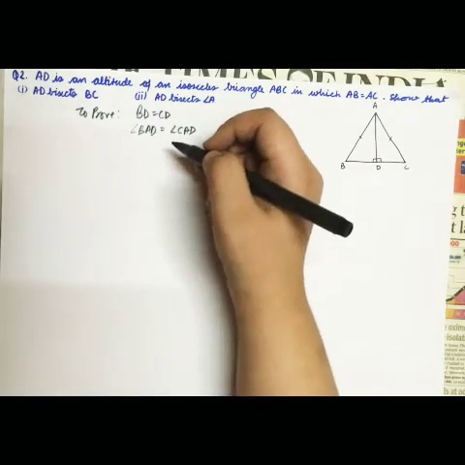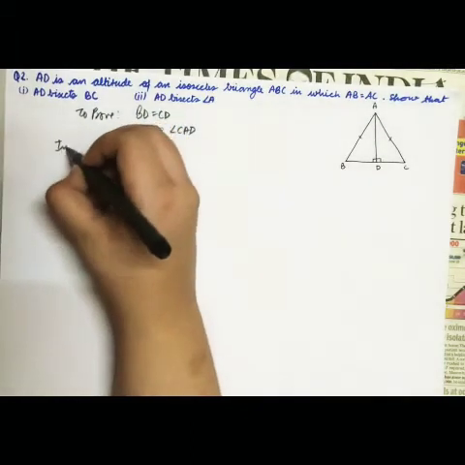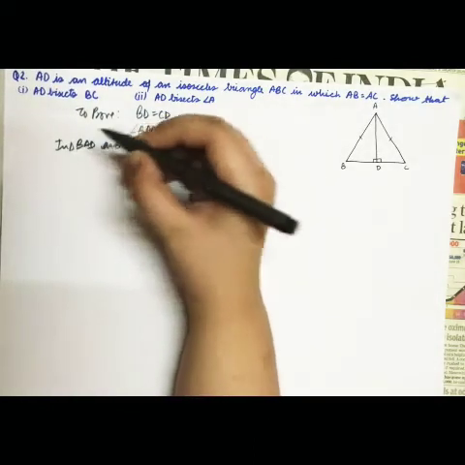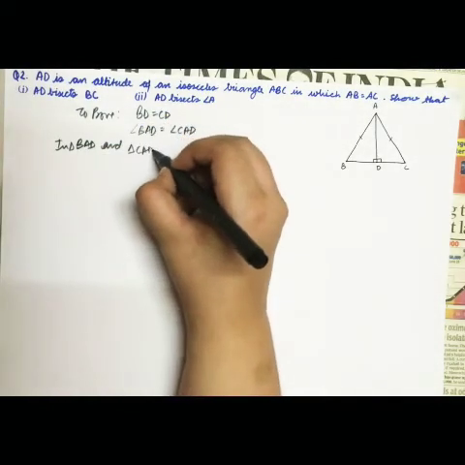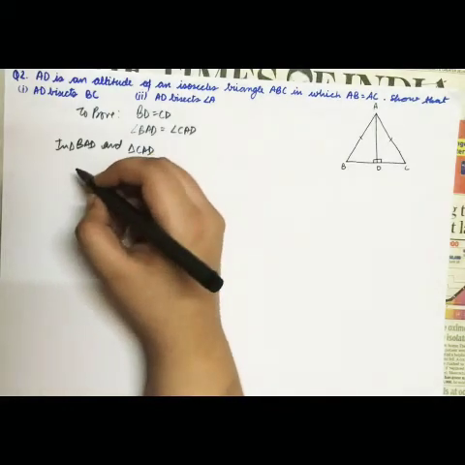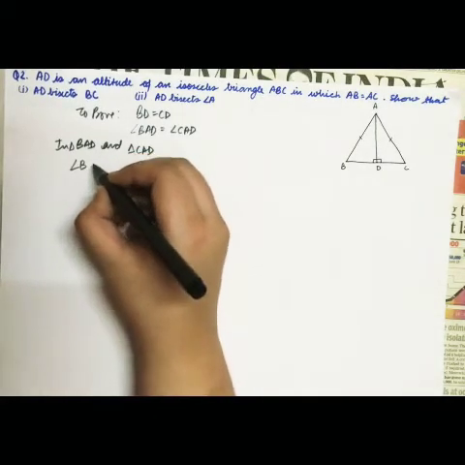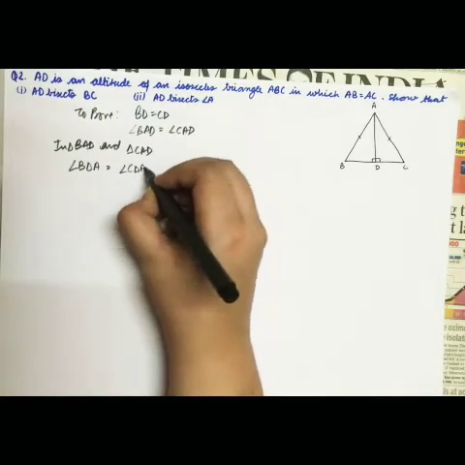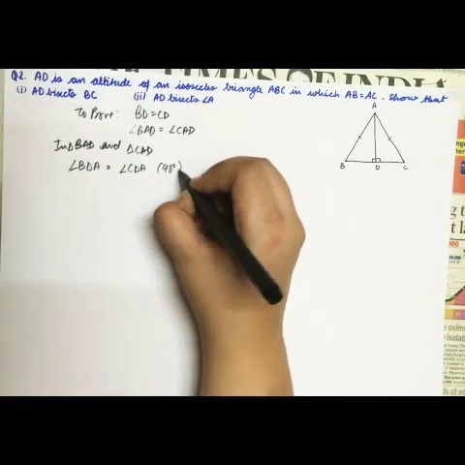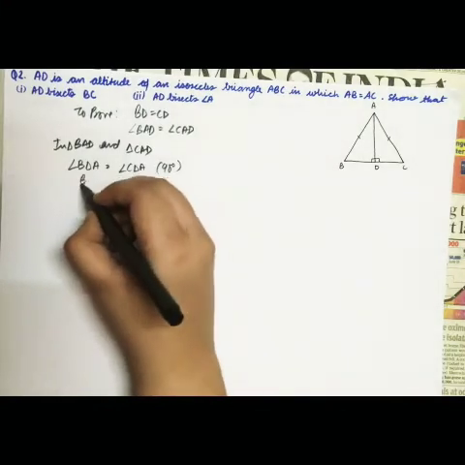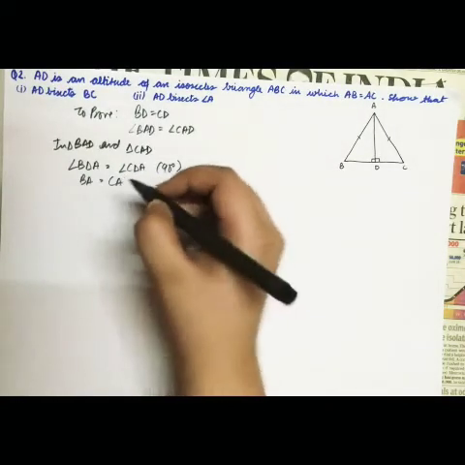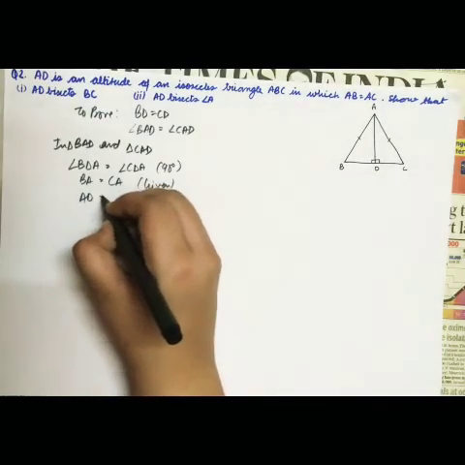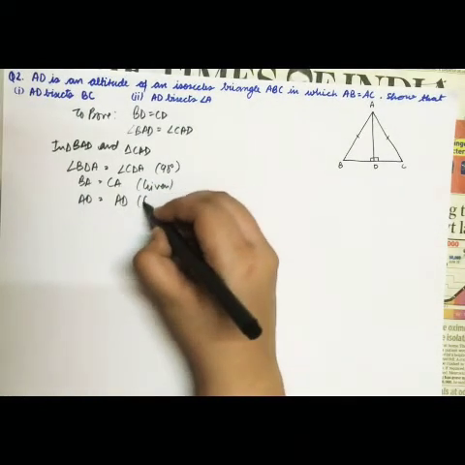Now for this we will start with, in triangle BAD and triangle CAD we can say that angle BDA is equal to angle CDA, as both are 90 degrees. Now BA is equal to CA, which is given, and AD is equal to AD as they are common.